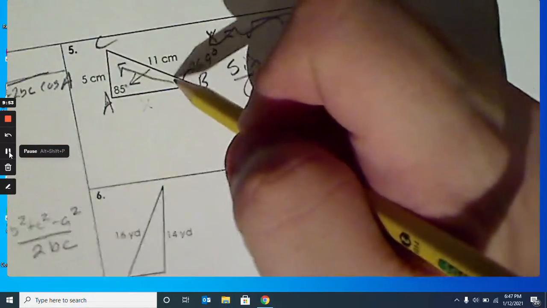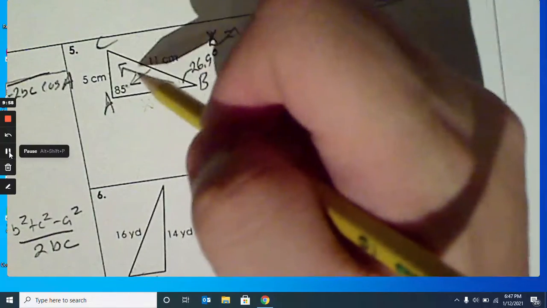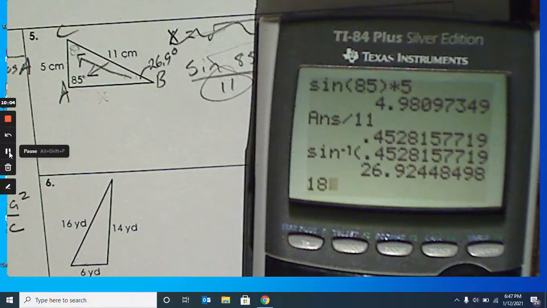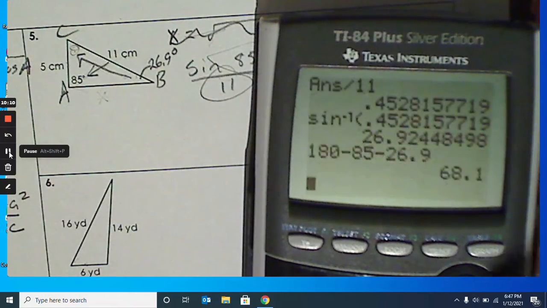And then I realize I have this angle, this side, this angle, this side. I don't have this angle, which is the one I need. So then I do 180 minus 85 minus 26.9, 68.1 degrees.